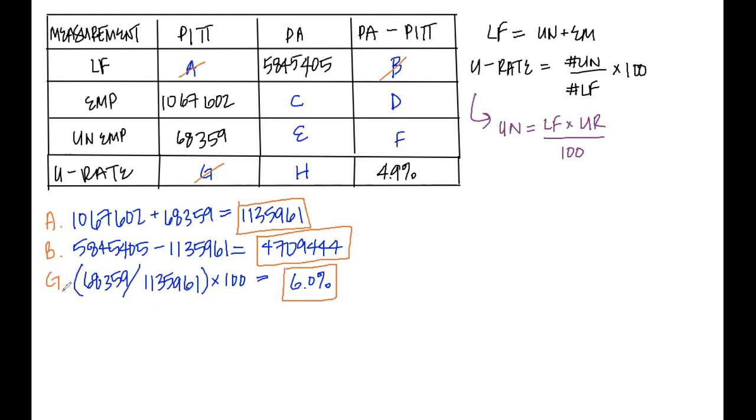So going back to solving our calculation for letter F, we can see that unemployment is going to be the labor force, which is B, which is 4,709,444, times the unemployment rate, which is 4.9, and then that whole thing divided by 100.